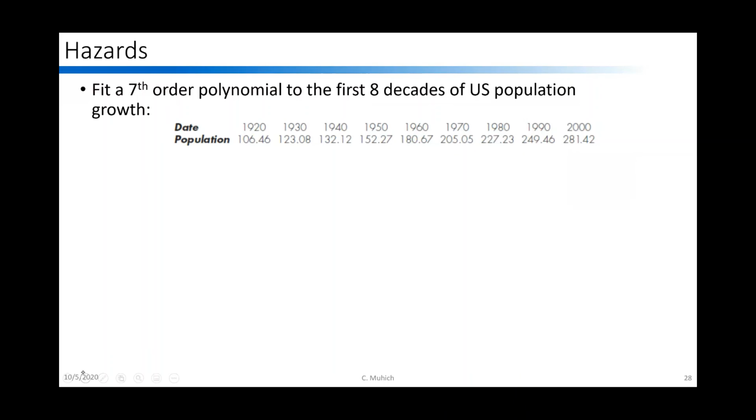Let's see what this might look like if we use the first 8 decades of US population, from 1920 all the way through to 2000.